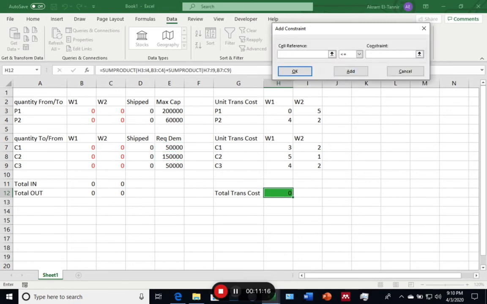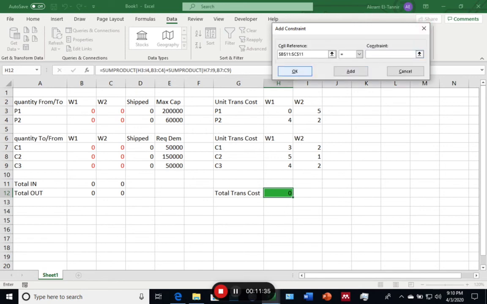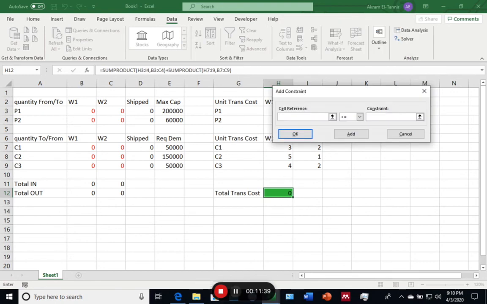And don't forget to introduce that total in to warehouses must be equal to total out. Total in must equal total out.